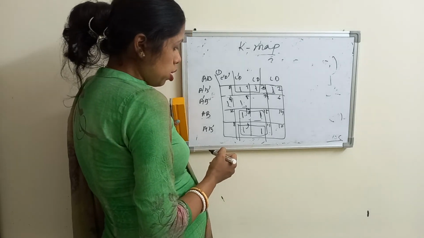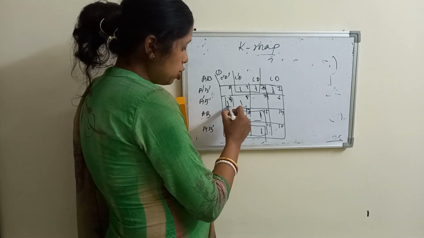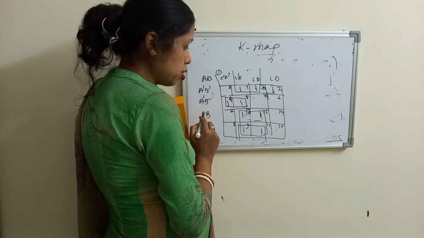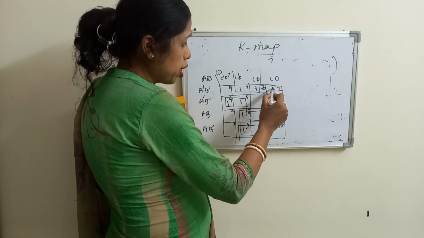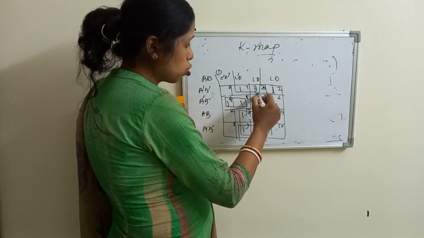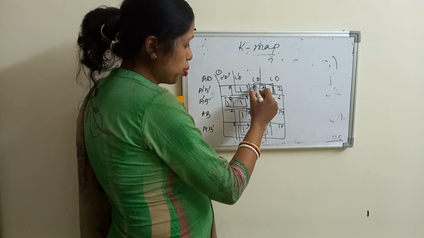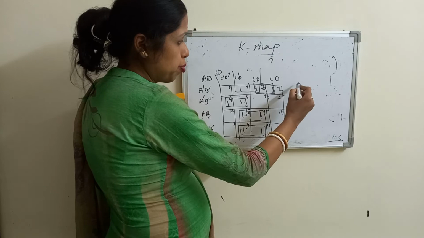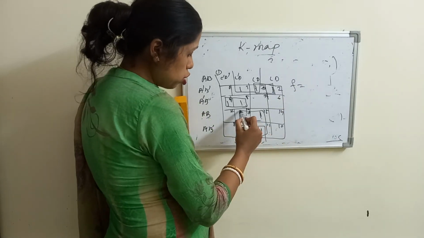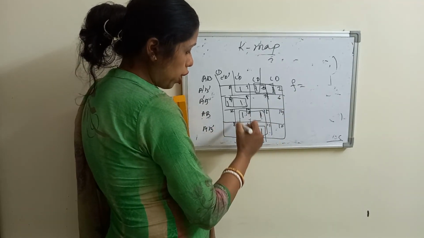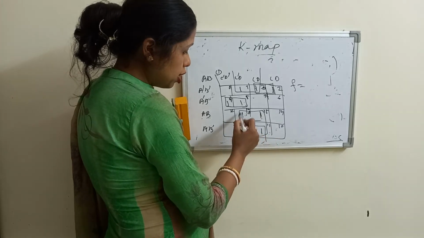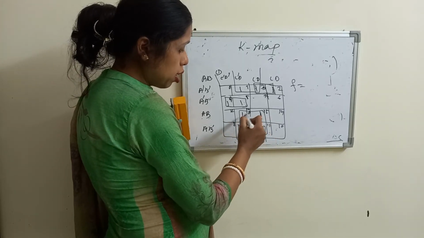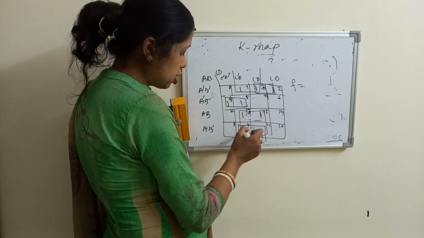Now come to these two 1s. These two 1s also can create a pair, and this one is left, this one also can create a pair. So what will be the function for the quad? First I am considering this quad. That means in this quad, cells 9, 11, 13, 15 are present.